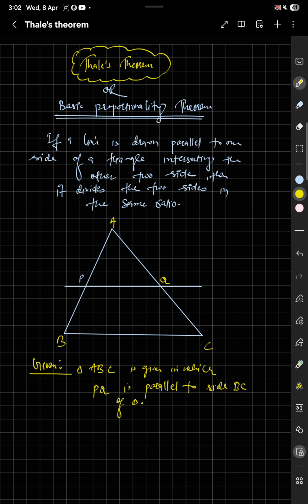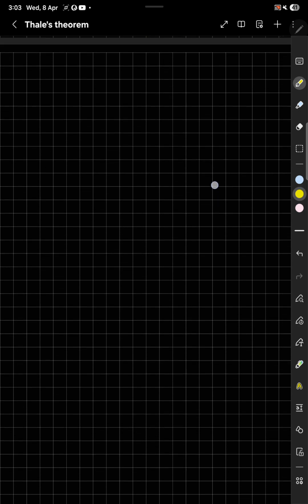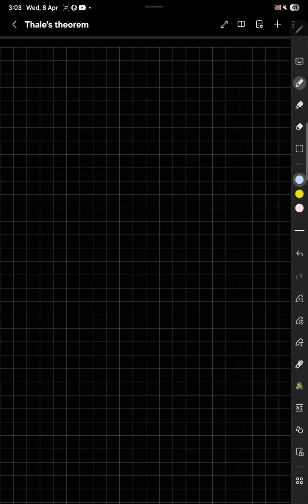Before moving forward, I would like to tell you some basic facts. Let's understand this first, then move to this theorem. This topic relates to similarity of a triangle. What do you mean by similar things?